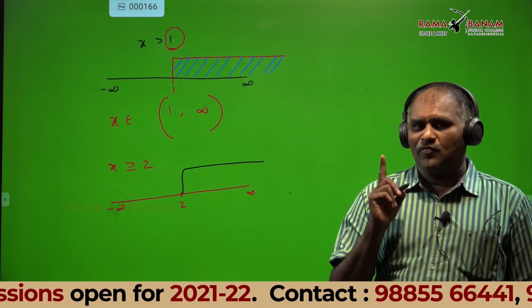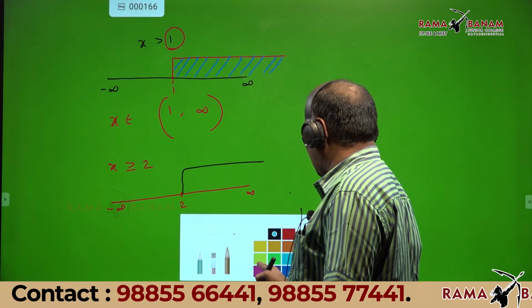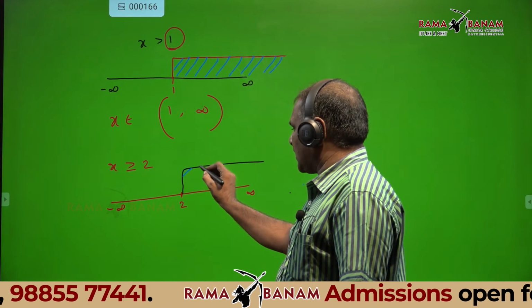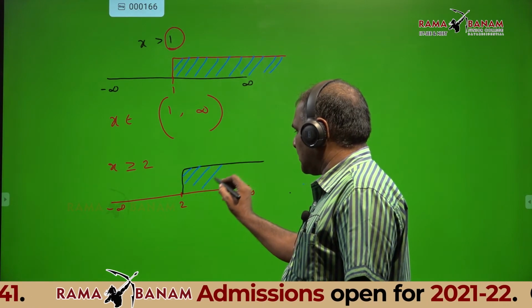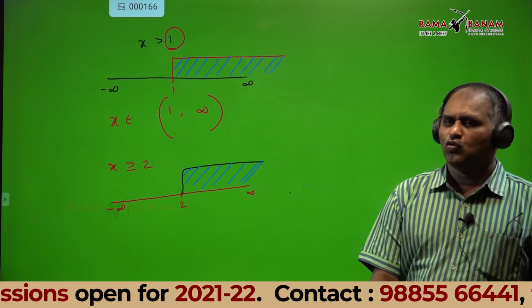Greater than means always right hand side. Observe this one. What is greater than 2? This is the total value.